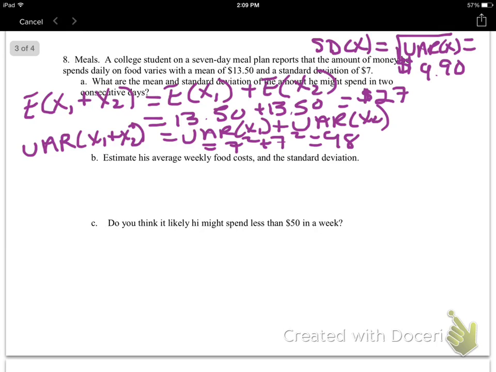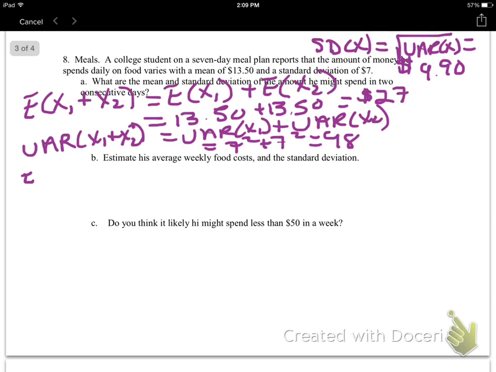Okay, now it says estimate the weekly food cost and the standard deviation. So that's going to be the weekly food cost. Okay, so those are different food costs.